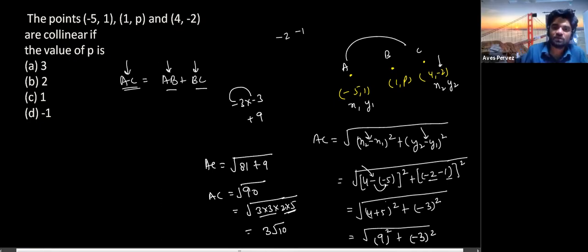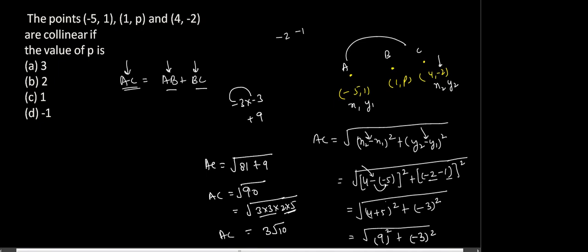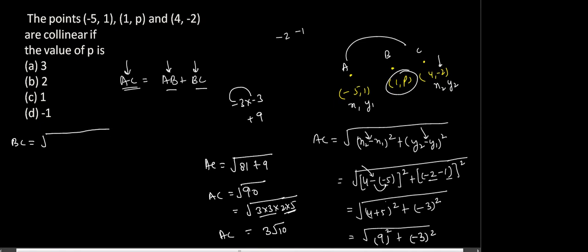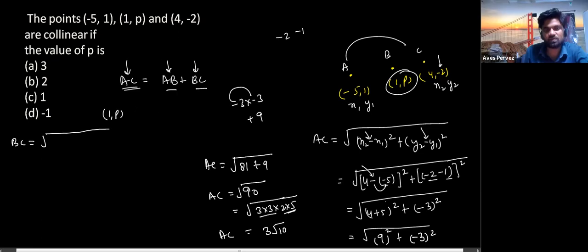Okay, let's begin. So we have written here AC. Now we need to calculate the distance of BC. So BC is under root of what? I'm considering this one as one coordinate, 1 comma P, and this one as 4 comma minus 2. I'm considering this one as x2 and y2, and this one as x1 and y1.